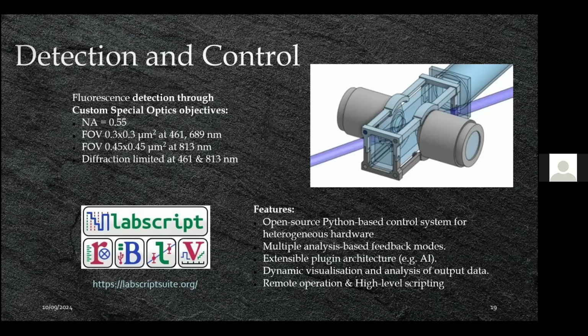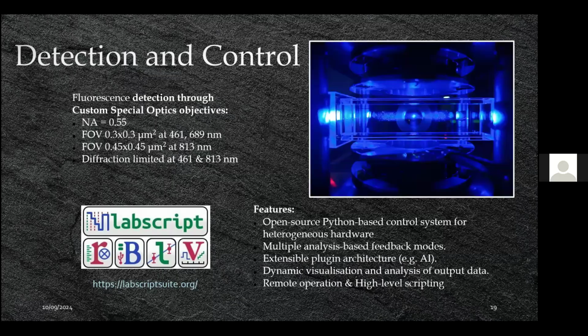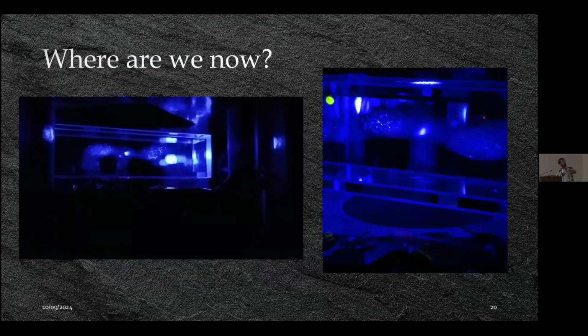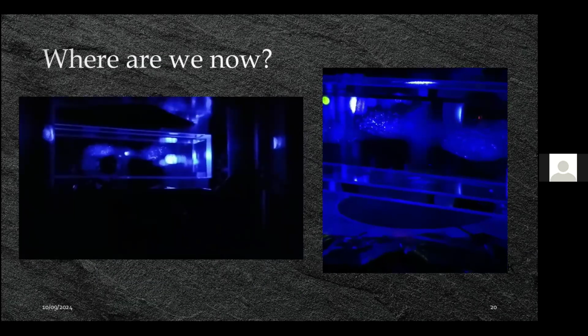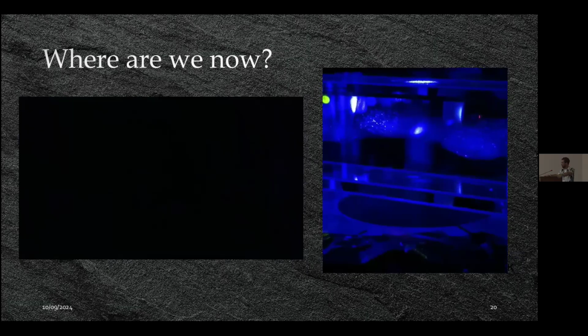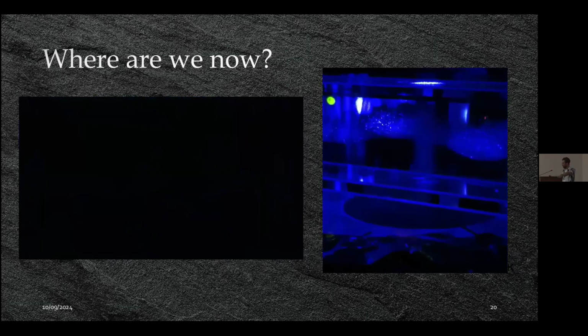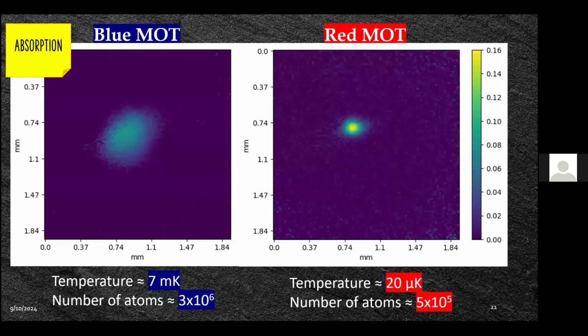And essentially, now we are in the situation where we can run multiple shots, and now it's slowed down. That is just to give you a taste of what happens when you slowly turn on coils. Our latest results are the blue and red MOT that have been characterized in temperature and number of atoms.